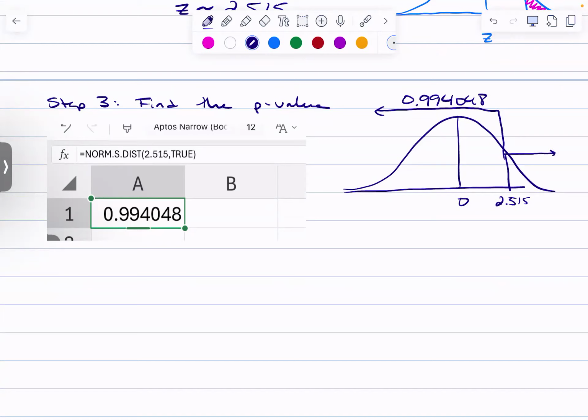Making this area, right, 1 minus 0.994048. In scientific notation, 0.005952123. Okay. So now I have my p-value.